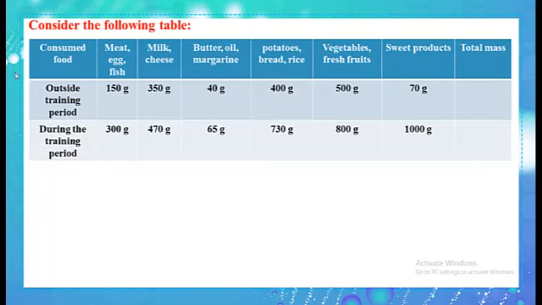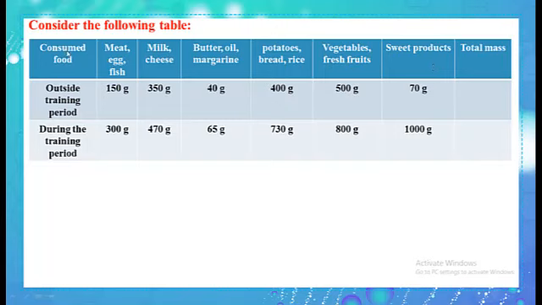So the consumed food outside the training period, without doing physical activity: meat, egg, and fish was 150 gram, milk and cheese 350 gram, butter, oil, margarine 40 gram, potatoes, bread, rice 400 gram, vegetables and fresh fruits 500 gram, and sweet products 70 gram.